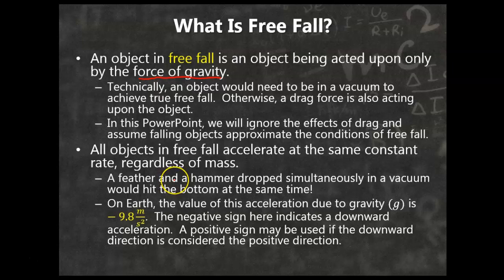So basically, free fall is just an object that's freely falling through the air. If we throw a baseball up in the air, we would say it's in free fall. If we drop a rock off a bridge, we would consider that to be in free fall.